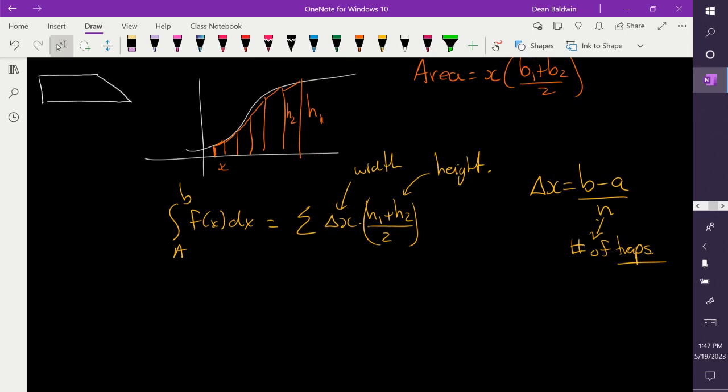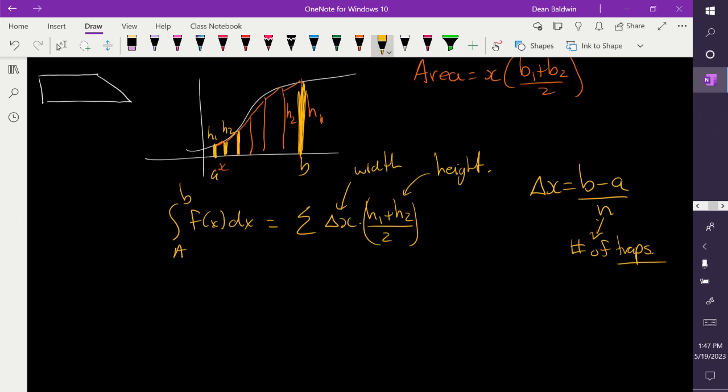And then if you look here, look at this one right here. That's h1, this is h2, and then this height. So the outer heights, the a's and b's, if you call them, they only get used once if you think about it, because this trapezoid here is going to be this height plus this height divided by 2.